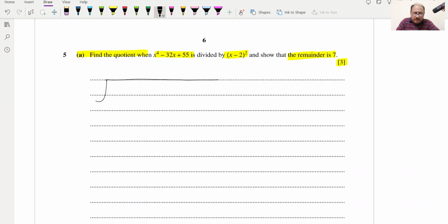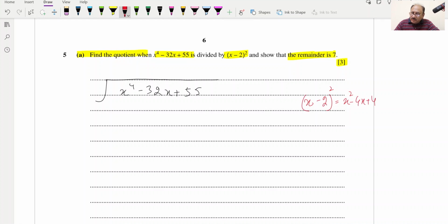So we can write this as x⁴ − 32x + 55, and this one, (x − 2)², we can expand. This will be x² − 2ab + ... a² plus b², which is 4, so minus 4x plus 4.